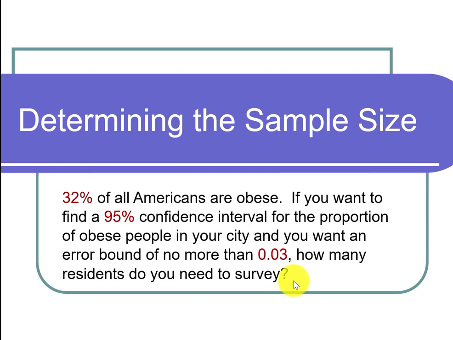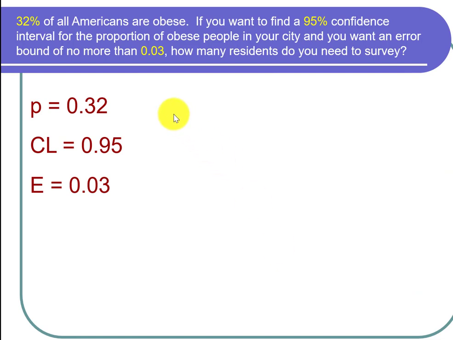So let's start out by writing down our numbers and the symbols that correspond to them. So in particular, 32% of Americans are obese. That's going to be our preliminary estimate for the proportion in your city that are obese.